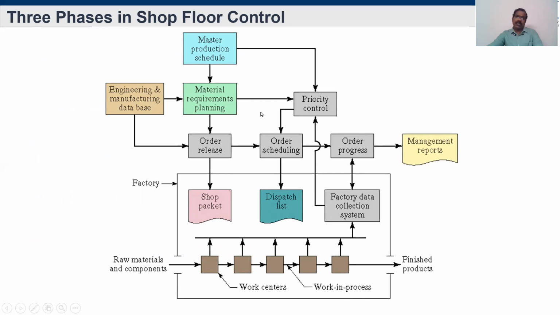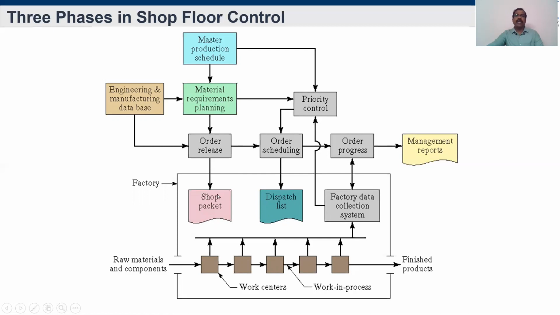Now, where is shop floor control available? From the master production schedule, we get the material requirement planning, and material requirement planning is connected with the shop floor control, which is named priority control here. Under shop floor control, we have three phases: order release, order scheduling, and order progress.